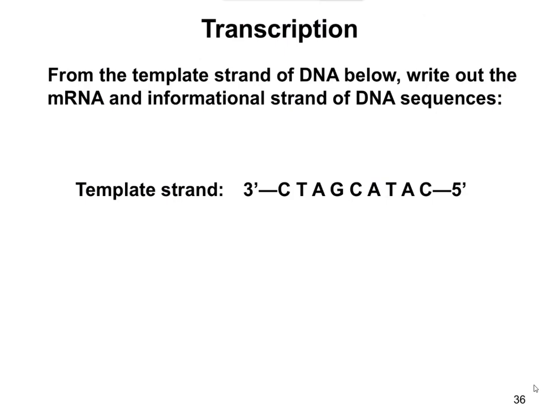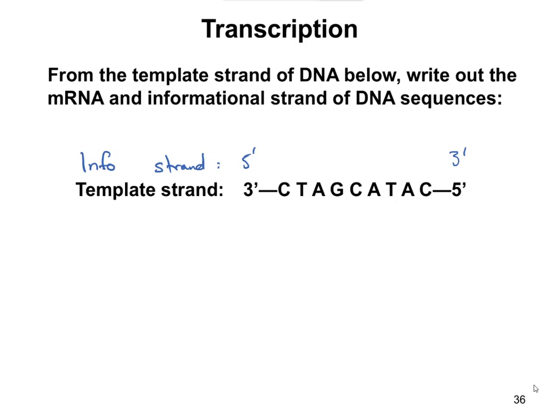Okay, so now let's look at an example here. It says, from the template strand of DNA below, write out the messenger RNA and informational strand of DNA sequences. So the template strand is the one that goes from 3' to 5'. The informational strand of DNA, info strand, is going to be the complement strand of DNA that goes in a 5' to 3' direction.